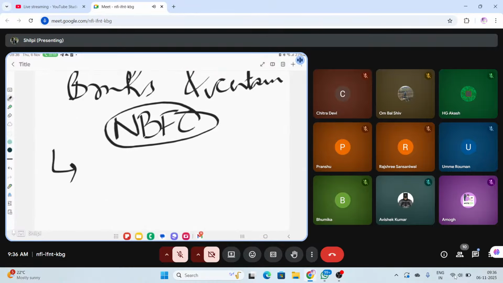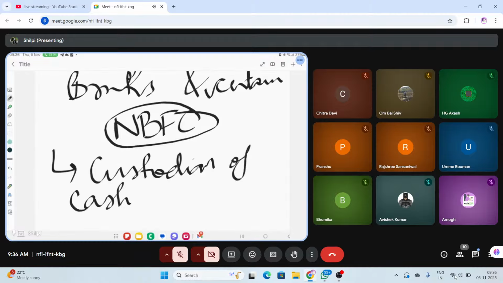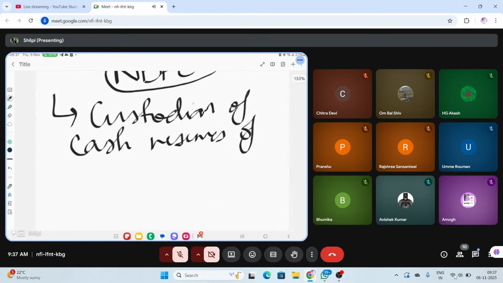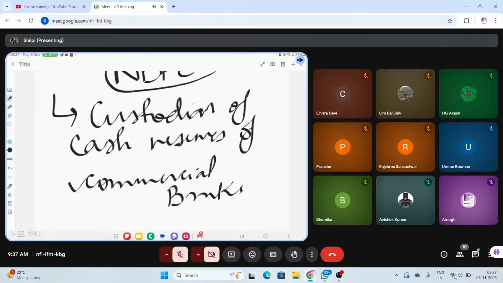Other than that, RBI is also the custodian of cash reserves of commercial banks. This means all the commercial banks that we have in the nation have to maintain certain reserves in the form of cash with the Reserve Bank of India as a safety measure.